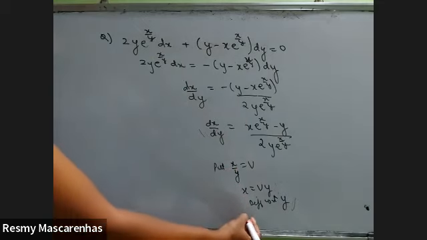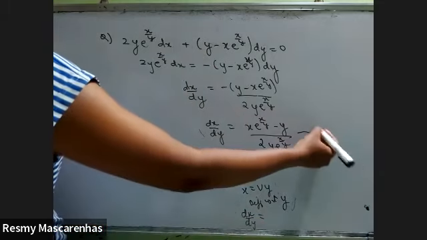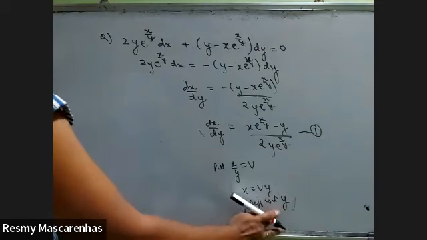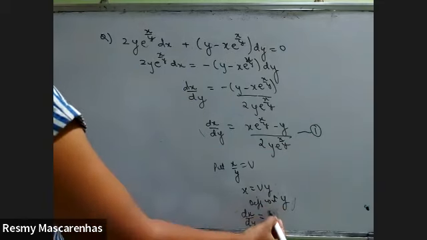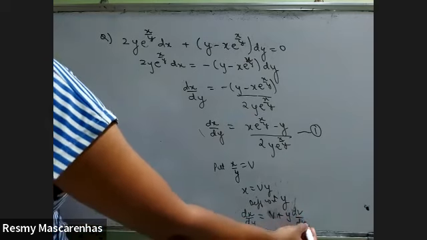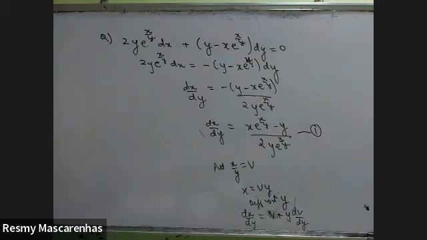So this will be dx upon dy is equals to, so mark this as equation 1, v plus y dv by dy.